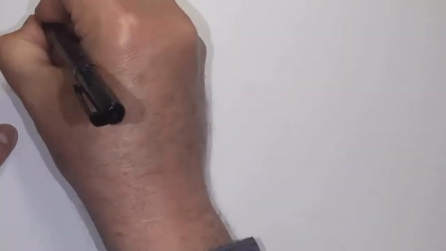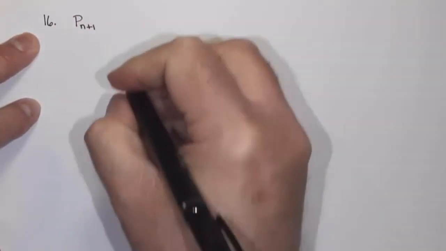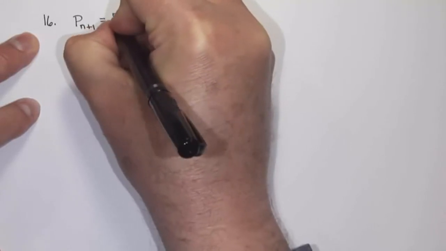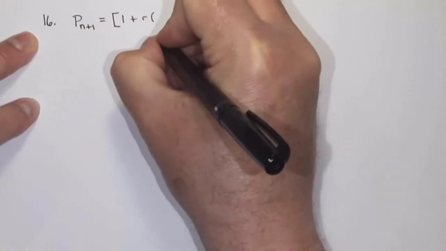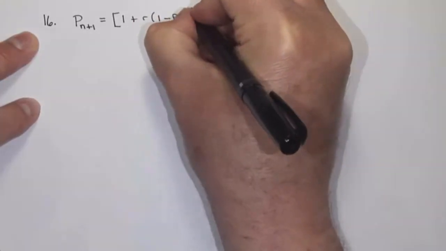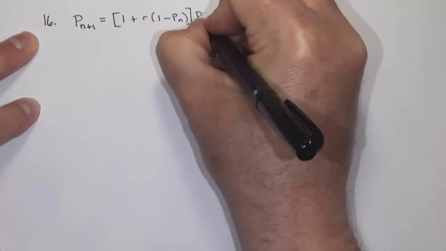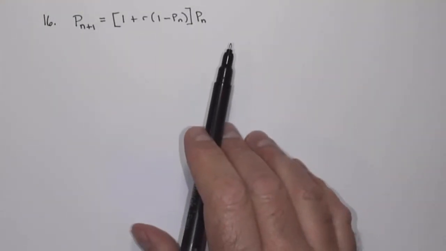So for number 16, we're using the logistic growth model. And the logistic growth model is P of n plus 1 equals 1 plus r times parentheses 1 minus P of n all times P of n. So this is our logistic growth model.